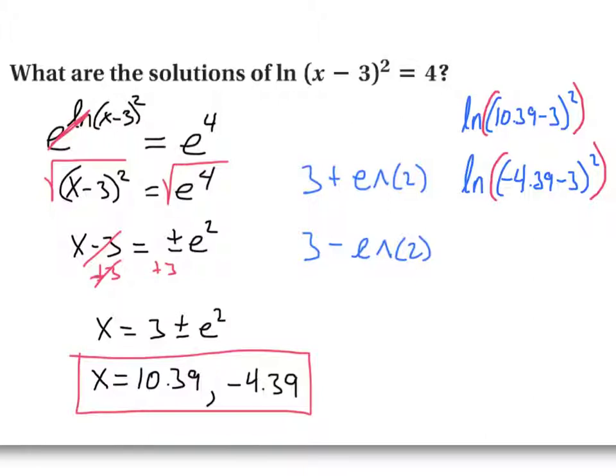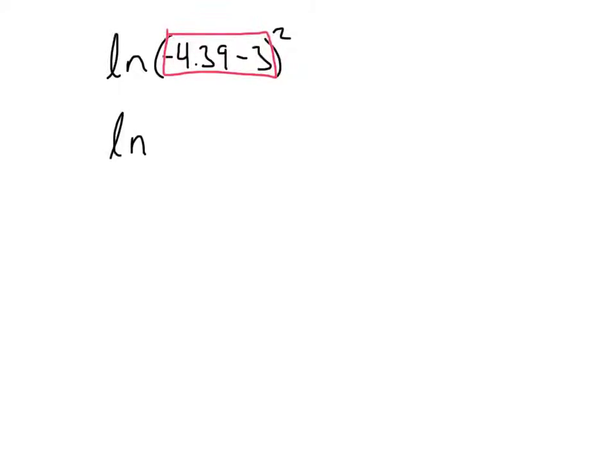Right? Okay. Now, here's something I want you guys to pay attention to. If I take a look at that problem, that natural log of negative 4.39 minus 3, squared. What is negative 4.39 minus 3? Okay, so that's what we're calculating here.